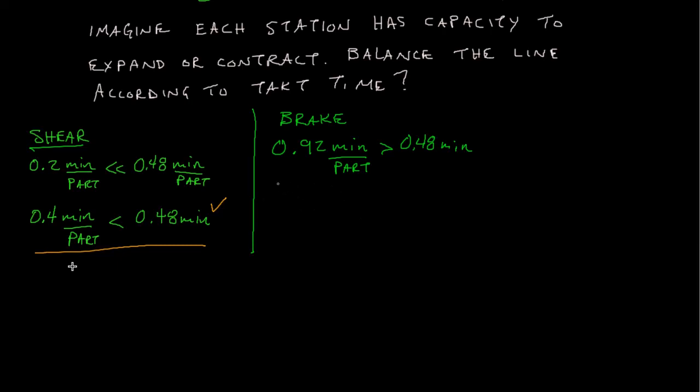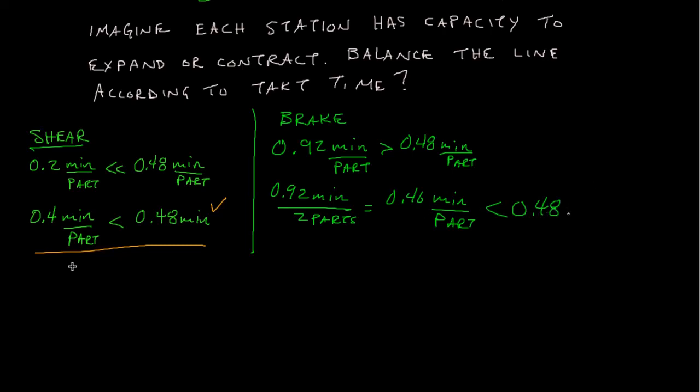So every 0.92 minutes, I'm going to get 2 parts, which equals 0.46 minutes per part. And so that is less than our takt time. It's very close to our takt time, but still less than 0.48 minutes per part. So we are good here as well.